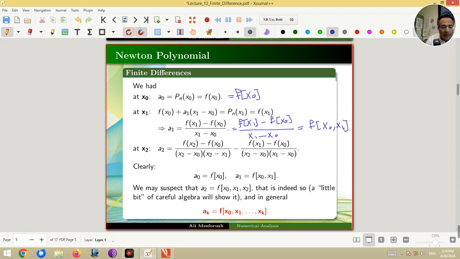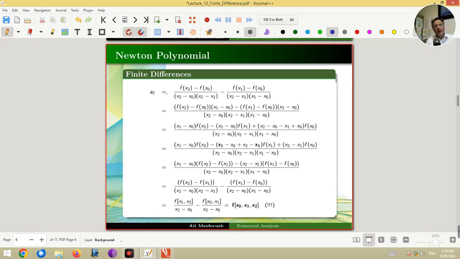Let me compute a2 and show you how it works. For a2, we know that a2 is equal to f of x2 minus f of x0 over x2 minus x0 times x2 minus x1, minus f of x1 minus f of x0 over x2 minus x1 times x1 minus x0.